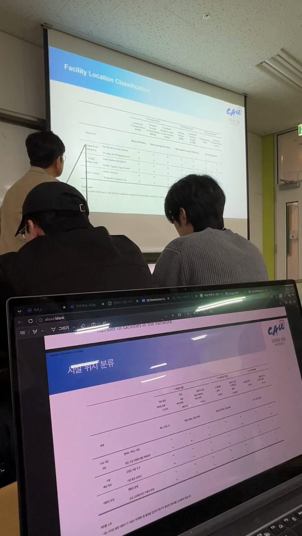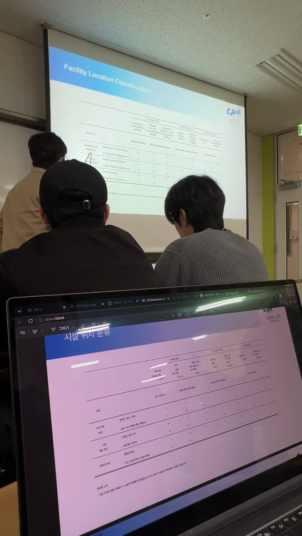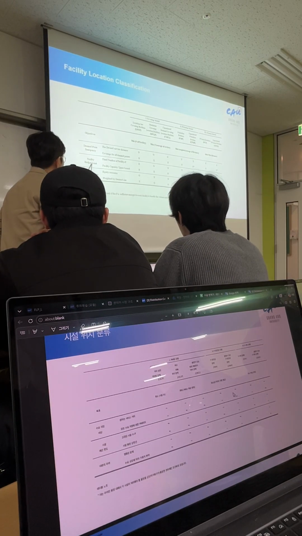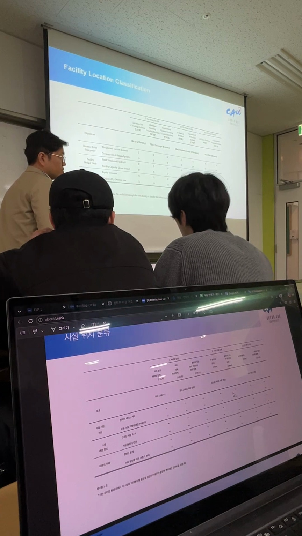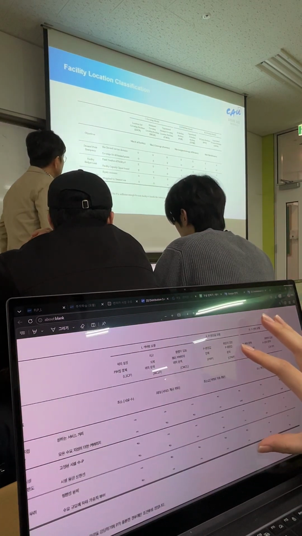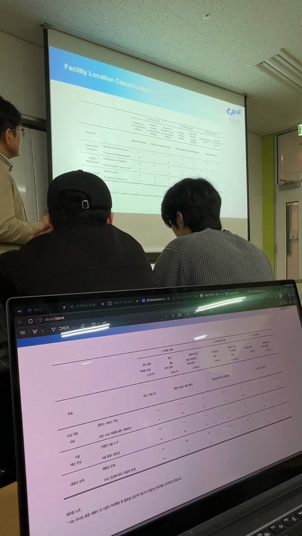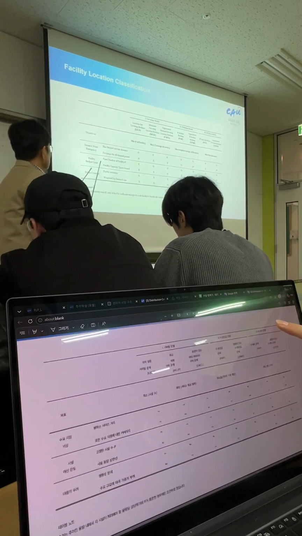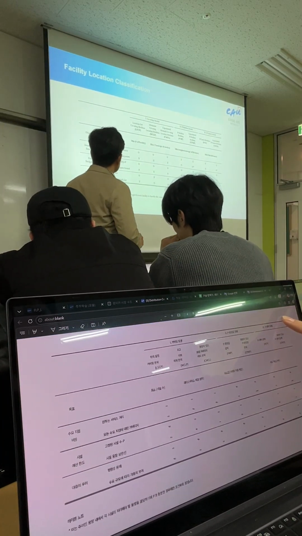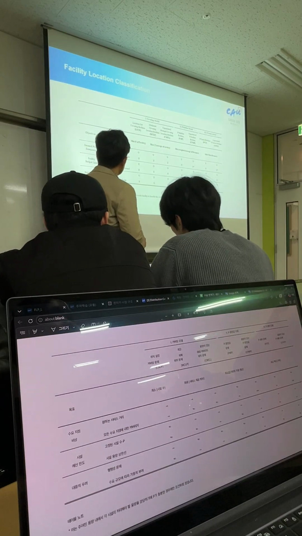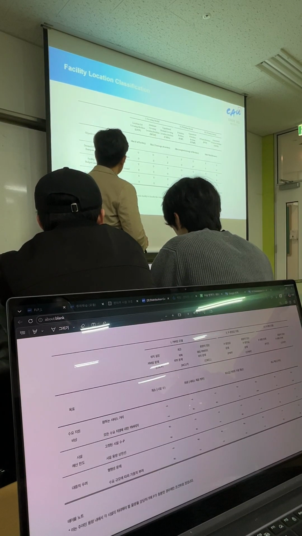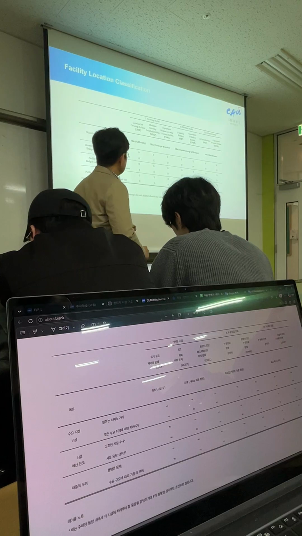The first one is demand point urgency, and then facility budget limit, and then public concern. Okay? So this is the perspective of the objective function, and under the facility budget limit, there are some criteria whether you have a fixed number of facilities P or not.